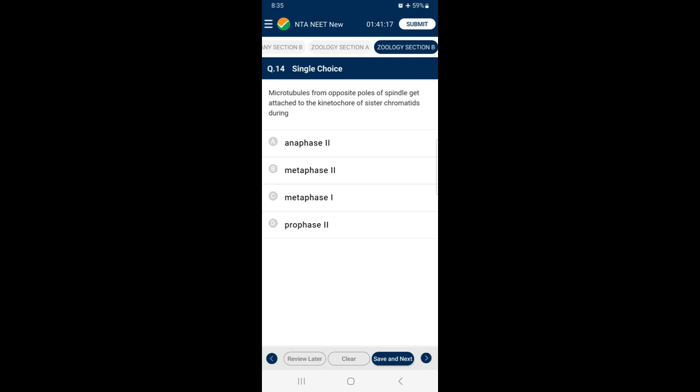In anaphase 2, the centromere of each chromosome splits, and in prophase 2, nuclear membranes disappear and chromosomes become compact. So the answer is option B. Microtubules from opposite poles of the spindle get attached to the kinetochore of sister chromatids during metaphase 2.